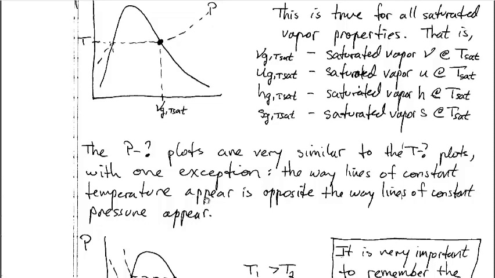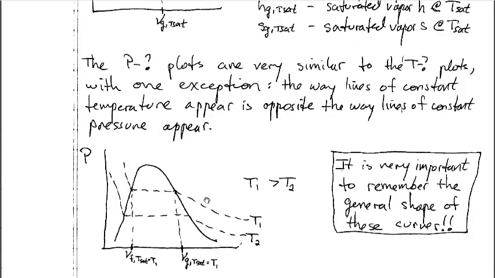The lines of constant temperature on a pressure-question-mark plot appear just the opposite as the way that lines of constant pressure appear on a T-v diagram or a T-question-mark diagram.